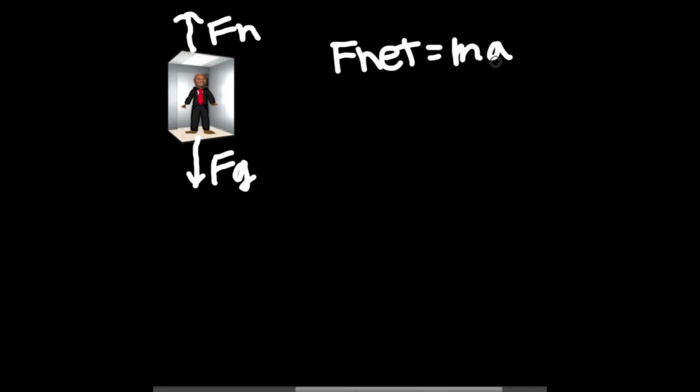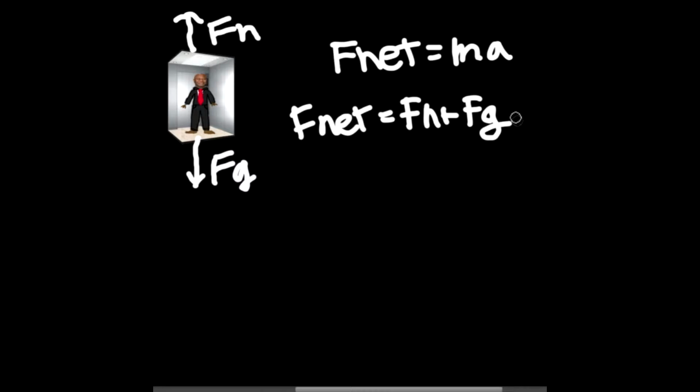The net force would also be the sum of two forces acting on the object. And so in our case, F net equals normal force, Fn, plus Fg, the force of gravity.